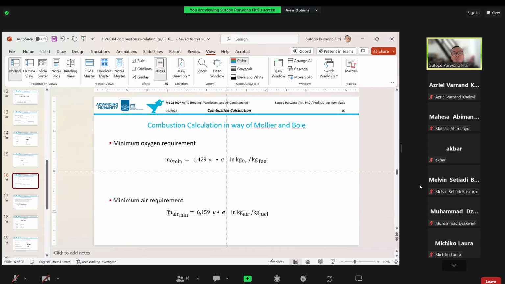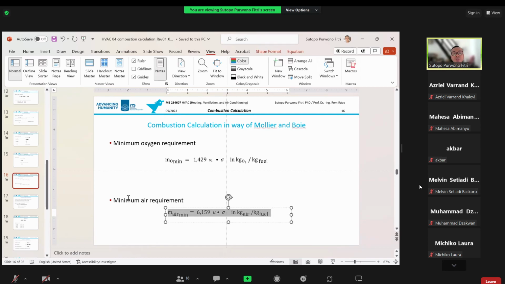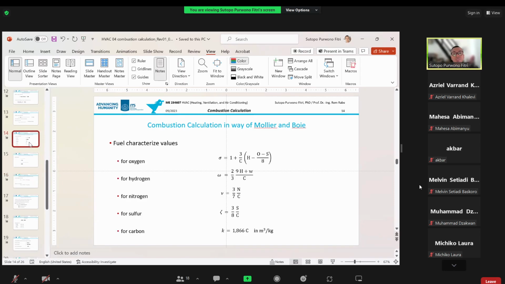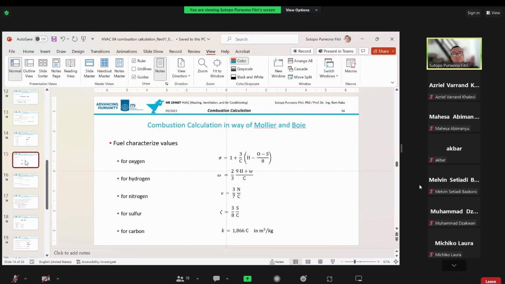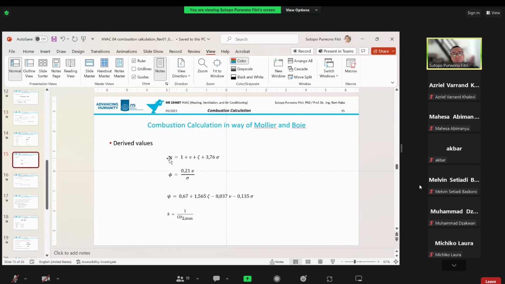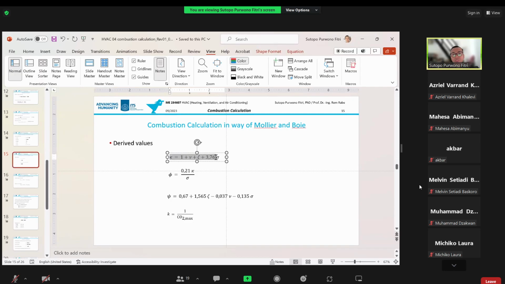So you can use this formula based on kappa and sigma. For sigma, for the oxygen, you can calculate based on this formula. You just put the percentage of the carbon composition, the carbon components here, and for kappa it is based on this value. This is for kappa.